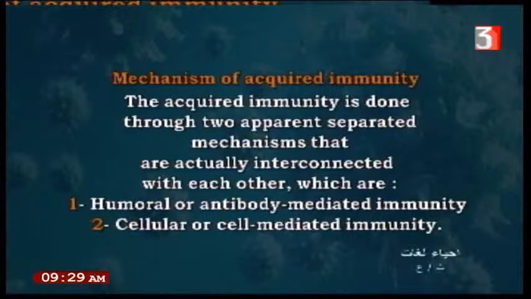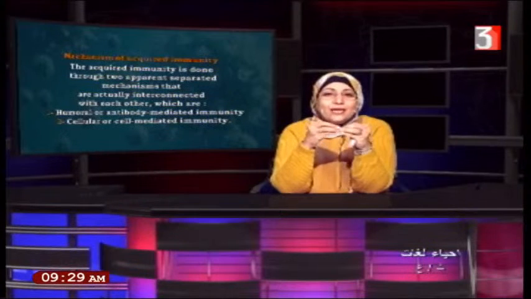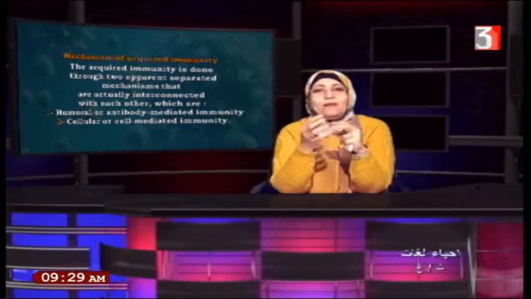So there are two types of acquired immunity, and these two types cooperate together to overcome infection by many diseases. You must know that humoral immunity plays an important role to overcome this, and the action of the cellular immunity helps remove the pathogen from the body.